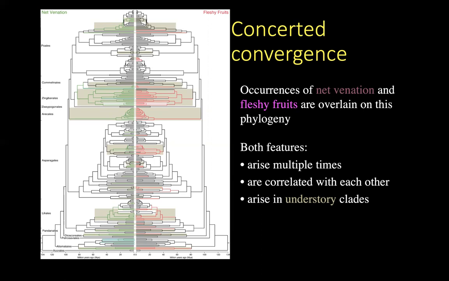And the boxes are indicating which are the lineages that are in understory clades. So it's a really cool example of a phenomenon in evolutionary biology called concerted convergence, where you see multiple things evolving in tandem together over and over again, usually in response to a very similar ecological pressure all over the world.